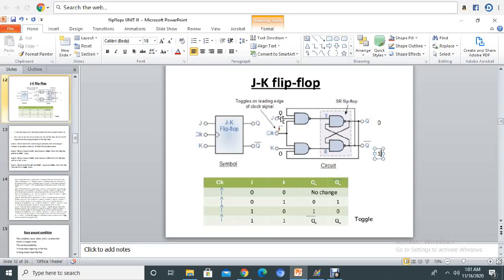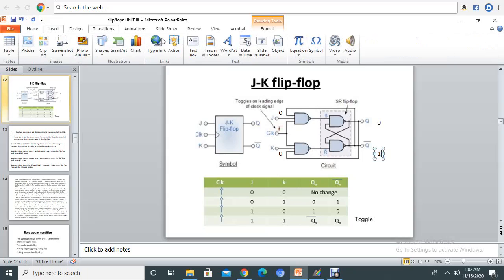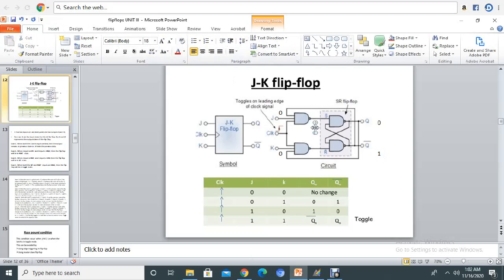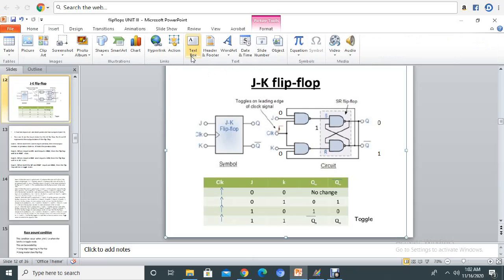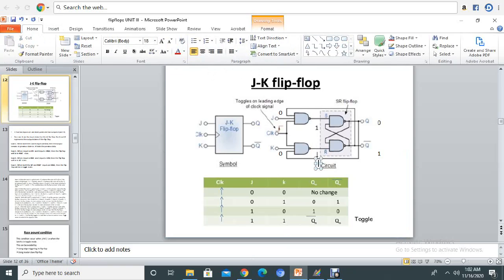If any one of the inputs is 0, then the output will be 1. Similarly, the output of this NAND gate is also 1. Here also the output will be 1.